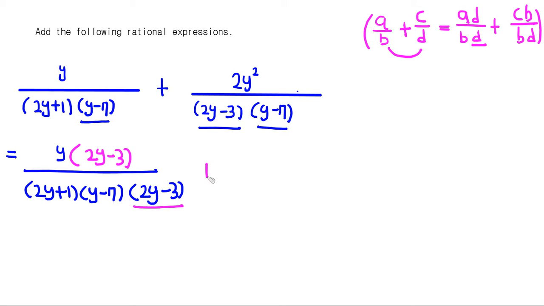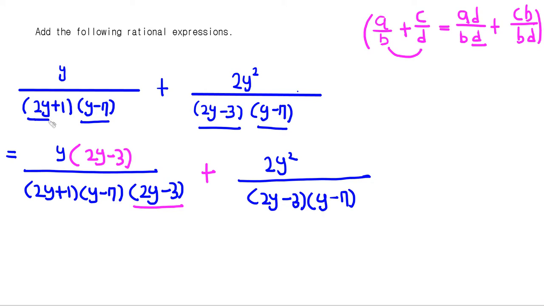And all of that plus 2y squared over (2y minus 3)(y minus 7)(2y plus 1). The denominators of the first term and the second term are going to be the same, and then we can simplify.